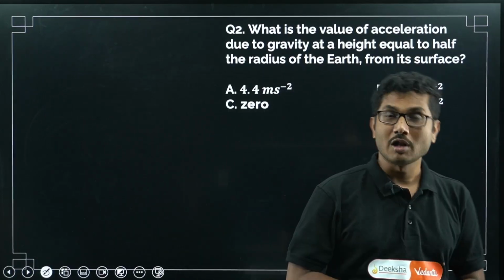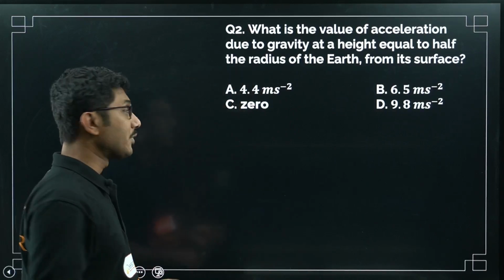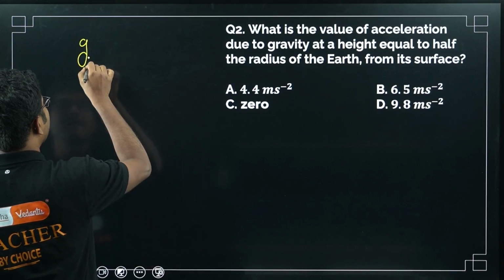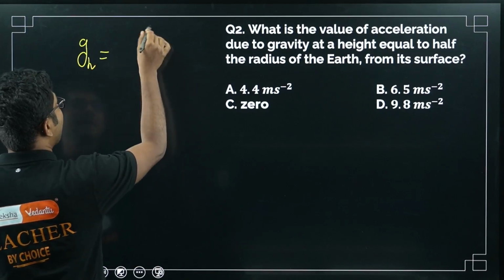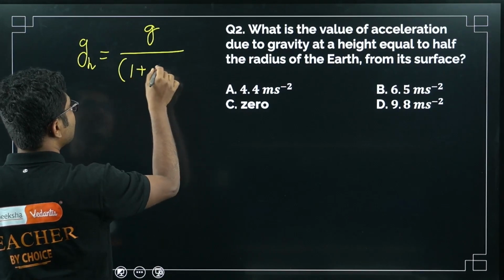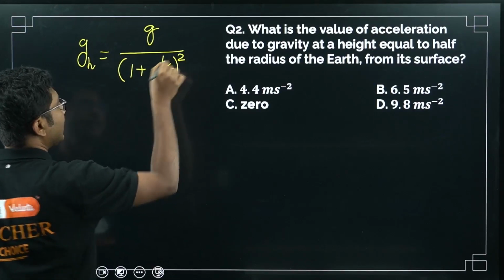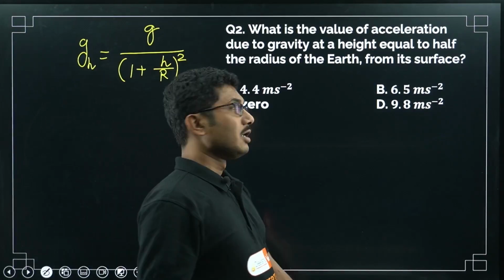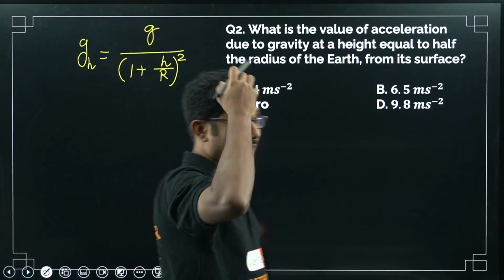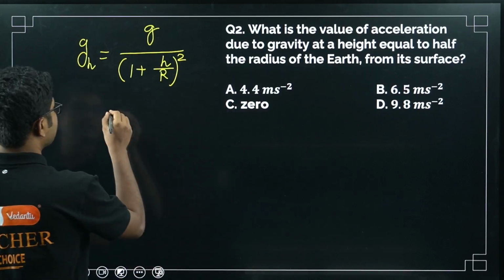That is not small. So you cannot use the reduced formula, you have to use the actual formula, which says that gravitation at some height h is given by gravitation on the surface of the earth divided by 1 plus h by R whole square. You have to use the original formula. The formula reduces to 1 minus 2h by R for small distances, not for higher distances.